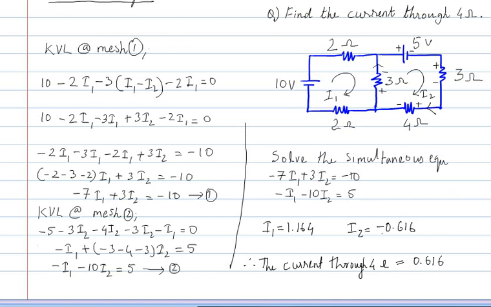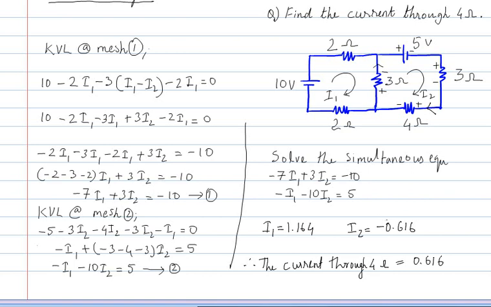See, minus only shows the direction. What the minus sign here means is that what we initially assumed I2 to be in this direction is not correct. The original direction of I2 is in the opposite direction. So the question is, what is the current through 4 ohms? So the answer is only the value, which is 0.616, and not the direction.